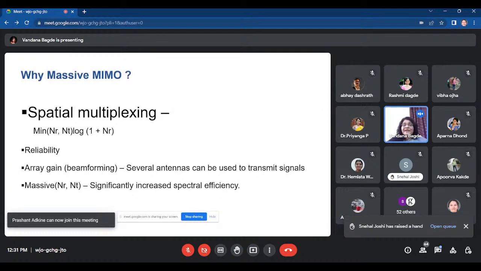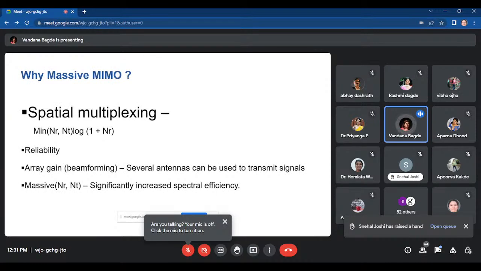It is using spatial multiplexing, as I already told. Multiplexing means, for example, we all go to movie theaters to watch movies. In Nagpur, there is a multiplex theater. For example, at Trillium Mall, 6 to 7 movies run simultaneously. At Pune, there is a megaplex.